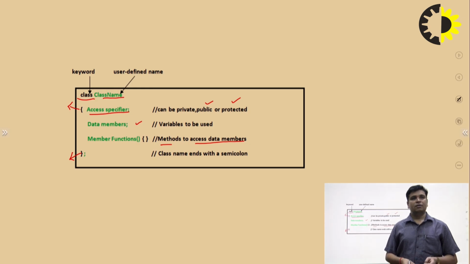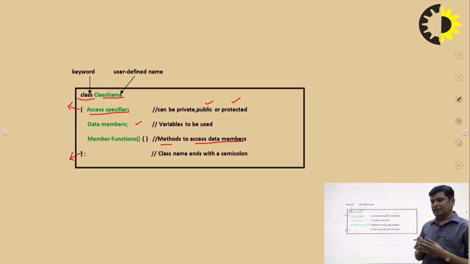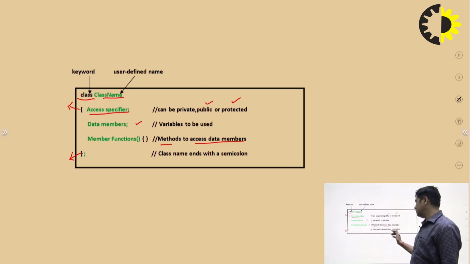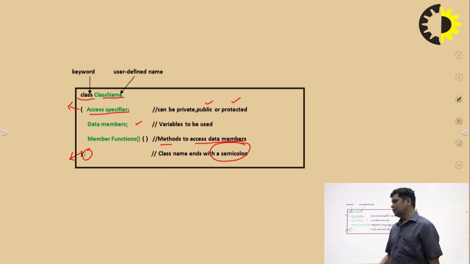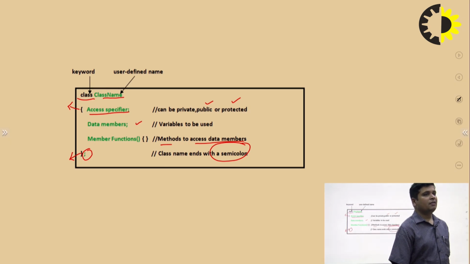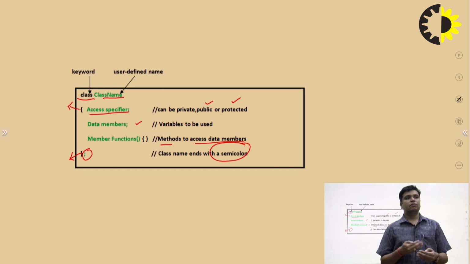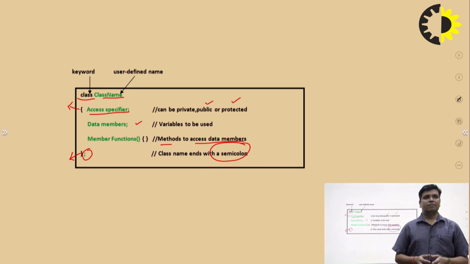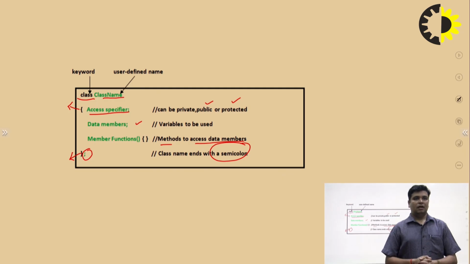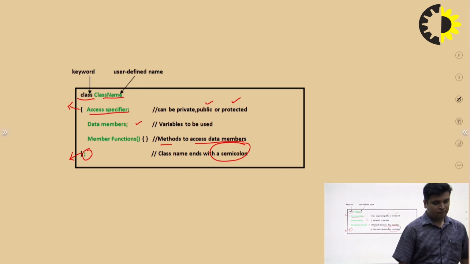And make sure in C++ the class declaration ends with a semicolon. So in C++, this is the syntax for how to declare a class. I hope you have got clarity about this.